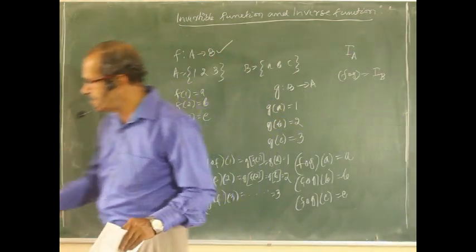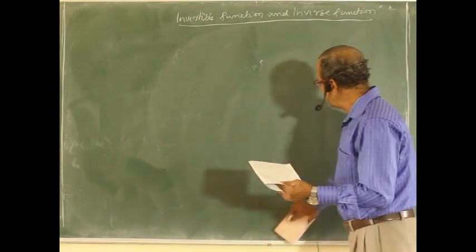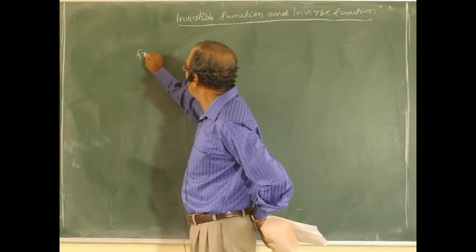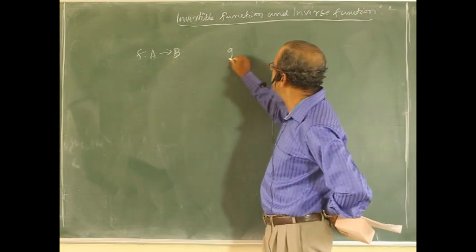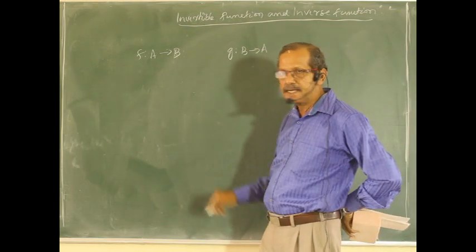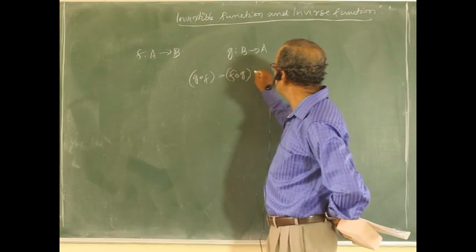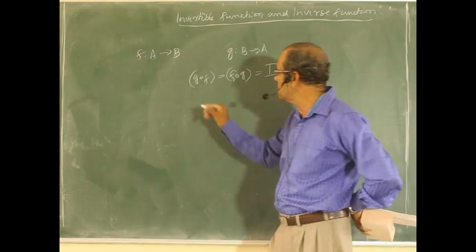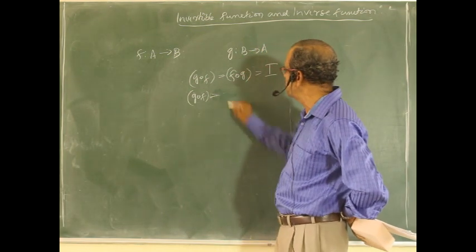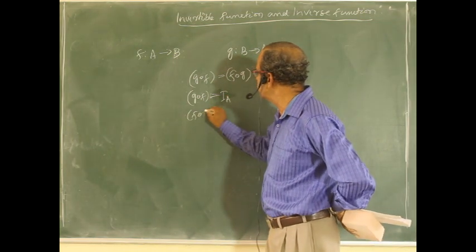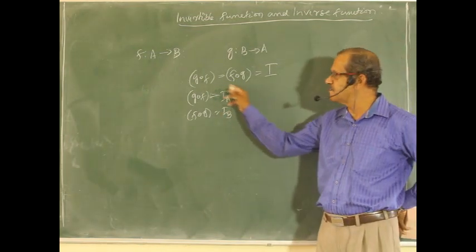Now, the definition for the inverse function is: f is the given function from A to B, then it is said to be invertible if there exists a function g from B to A, such that g composite f is equal to f composite g equal to identity, or g composite f equals IA or f composite g equals IB. Totally, it is the identity function.